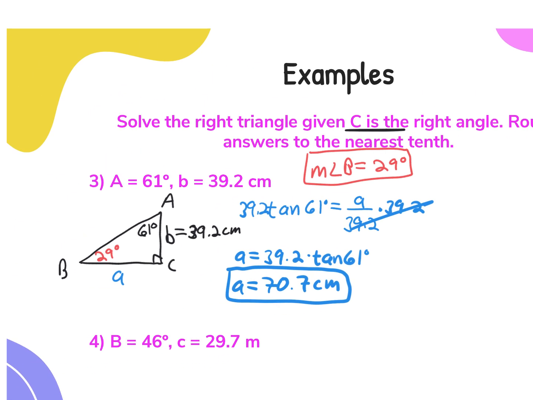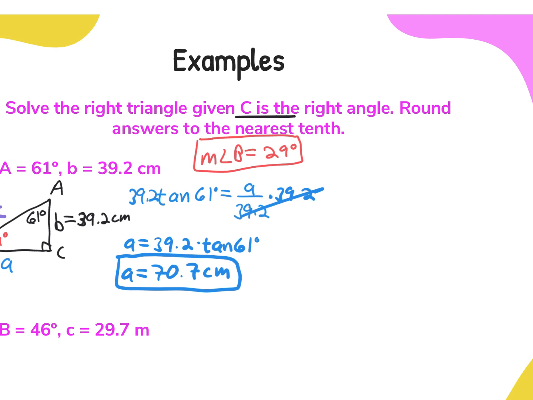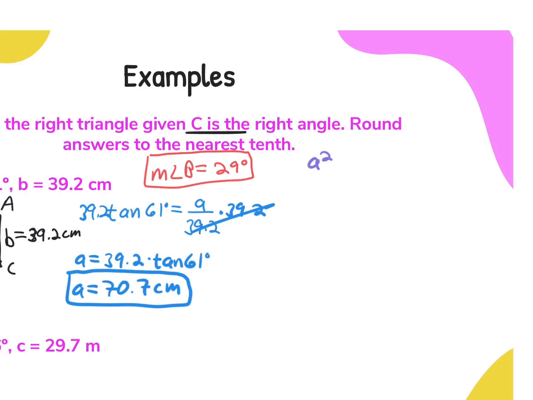All right. So we have another side. What's the only thing now that's missing? Good, right? Side C, right? The hypotenuse, right? How are we going to find that? Pythagorean theorem, right? So we're going to use A squared plus B squared equals C squared. All right. So we're going to do 39.2 squared plus 70.7 squared equals C squared.